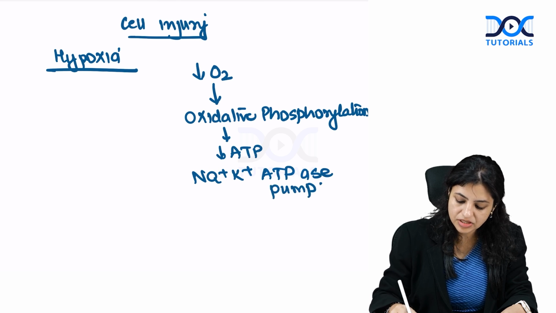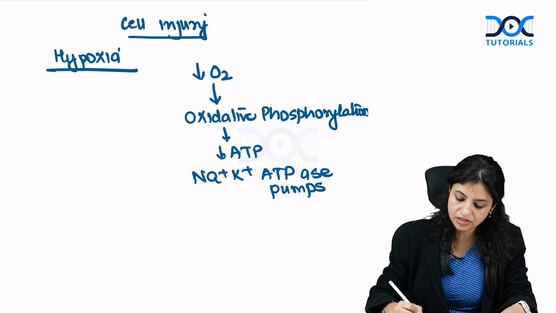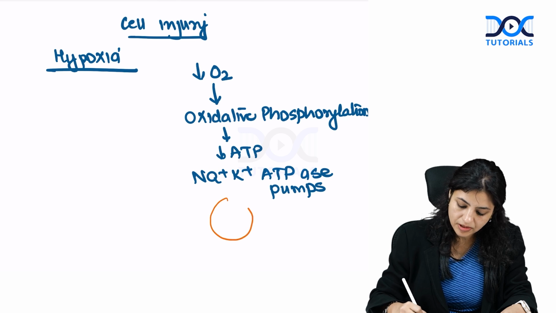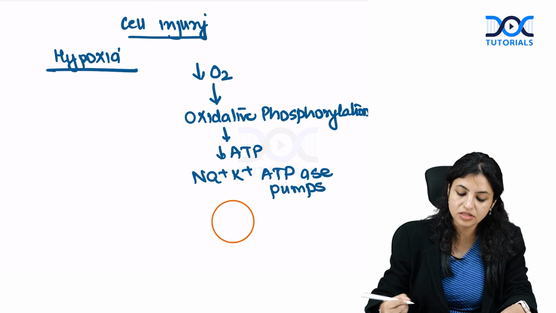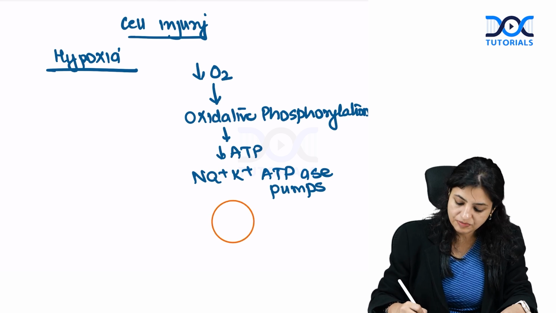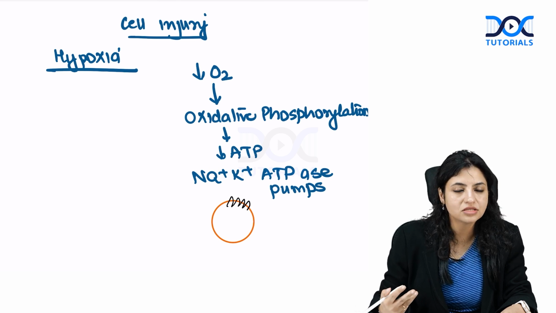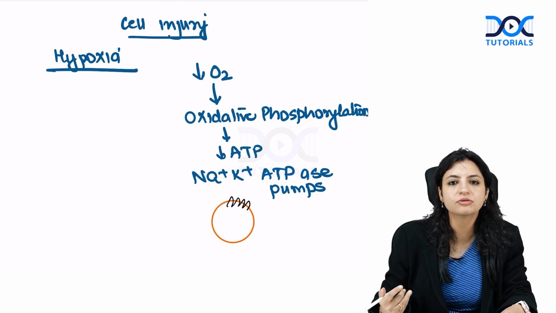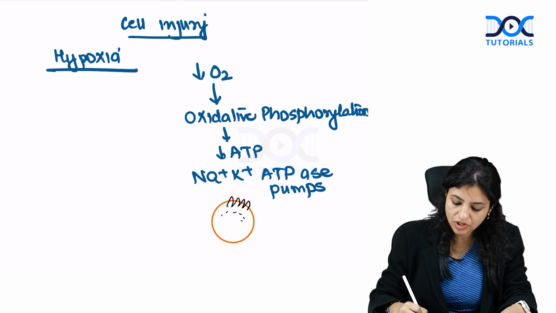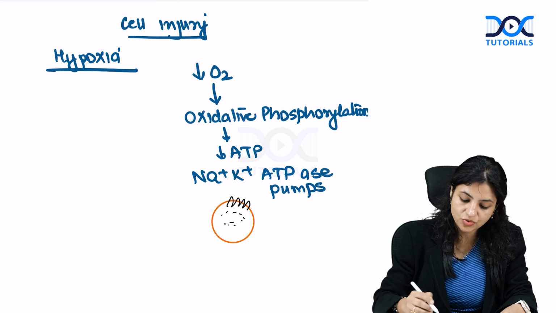These pumps are the most important pumps which help in sodium and water balance. So when these pumps stop, the sodium is going to come inside, the water is going to come inside, and the cell will start undergoing swelling.